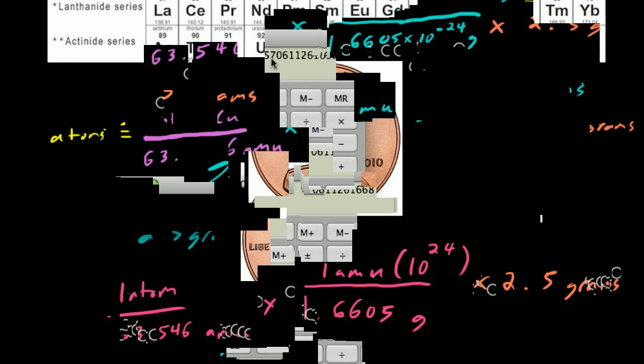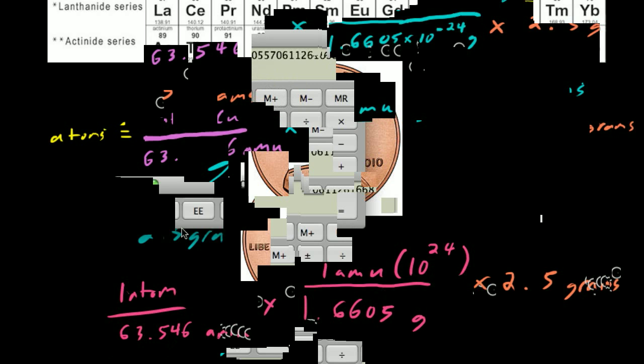So I'm going to say 2.5, and then divide by 1.6605. And then I'm not even going to factor in this 10 to the 24th. I'm just going to divide by 63.546.